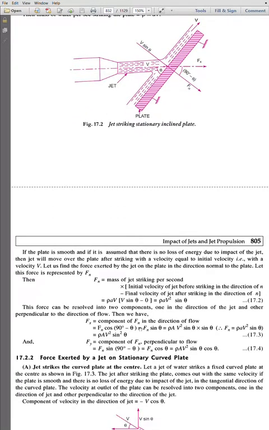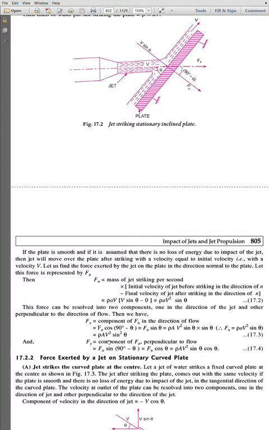Cos 90 minus theta is nothing but sin theta, so it will become f of n sin theta. F of n you have already calculated as rho a v square sin theta, so f of x becomes rho a v square sin theta into sin theta, that is, rho a v square sin square theta.